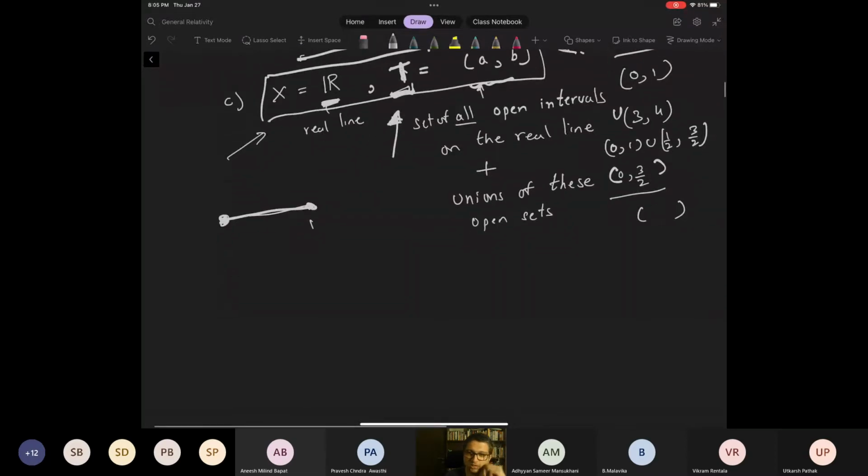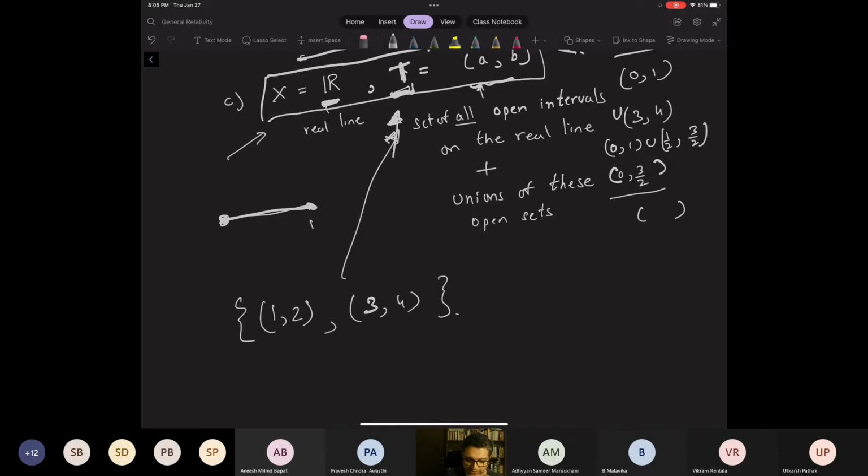Now supposing we take any arbitrary subcollection of T, that is, let's say we take (3, 4) and (1, 2). And we take their union. The union of these automatically belongs to T because by definition we've already included inside T the union of all these open sets. This is true even if we take an infinite number of these.